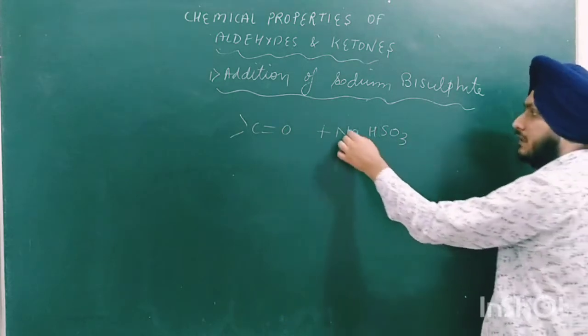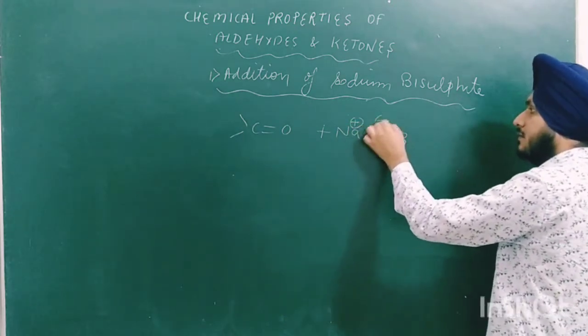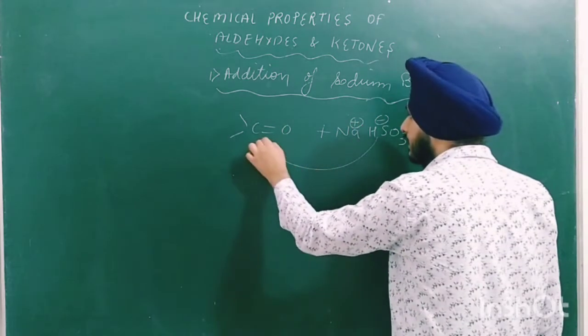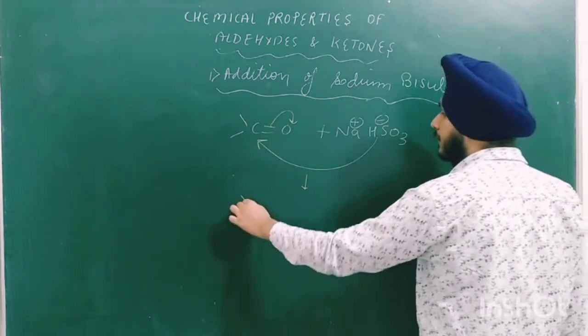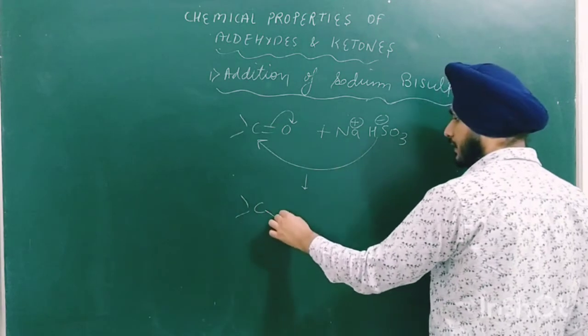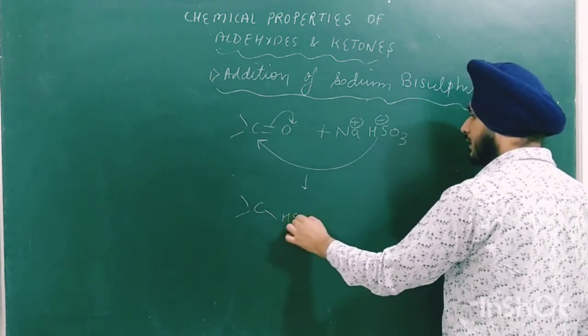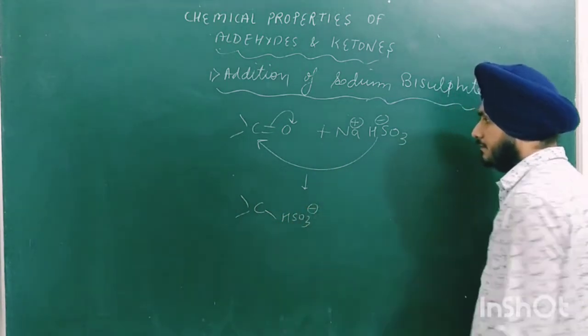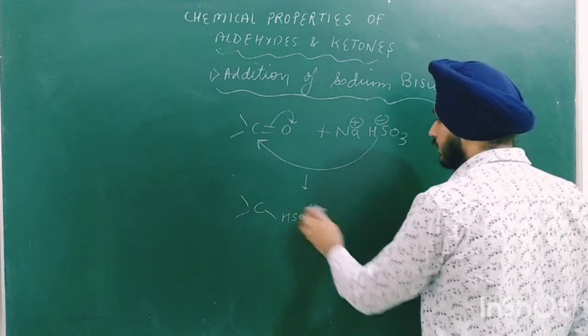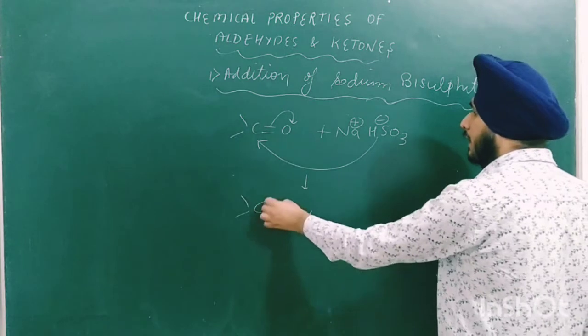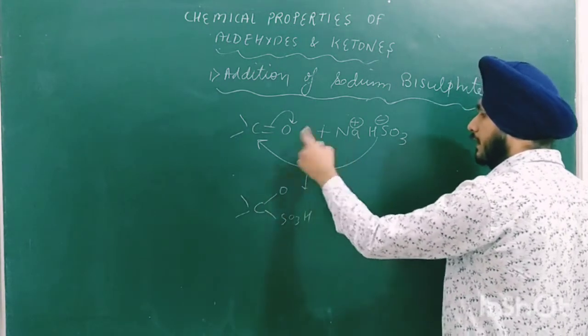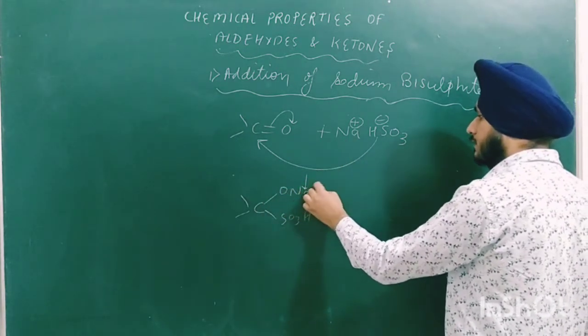This is ionic in nature, so here we have partial positive, partial negative. Firstly this will attack over this, and this oxygen will shift over here. So we will get HSO3 negative, or we can also write it as SO3H, and here we have O, and Na positive will attach over here.